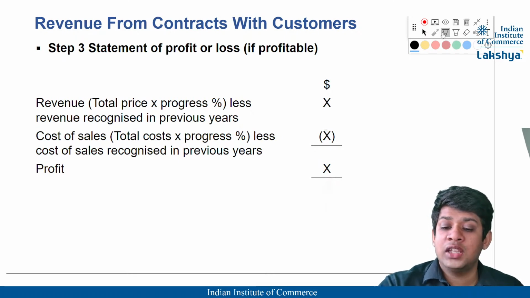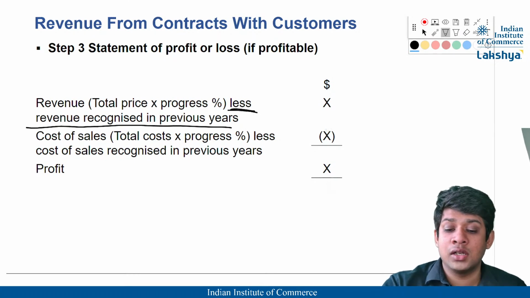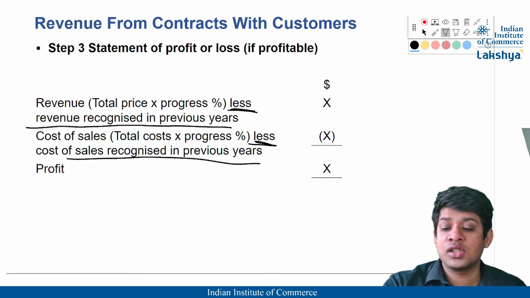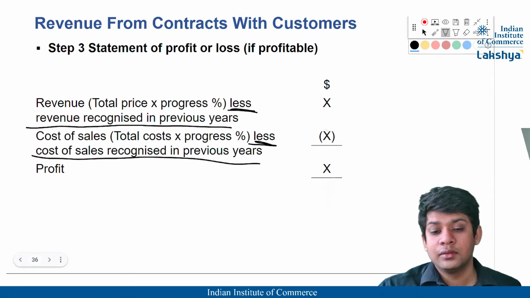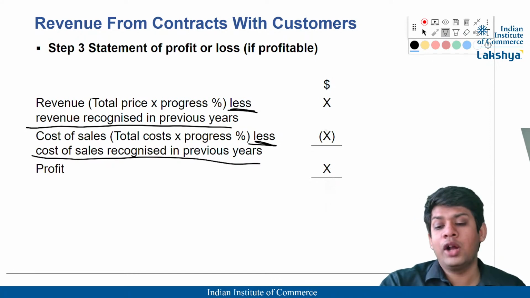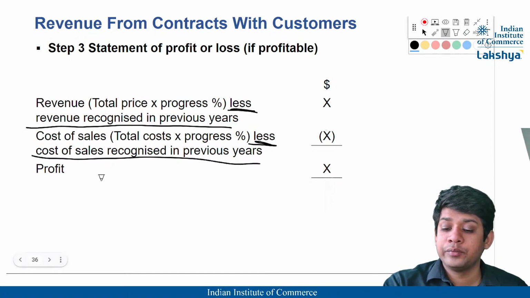Now guys, here they've mentioned something like less revenue recognized in the previous years. Here also, less cost of sales recognized in the previous years. So technically guys, what they are trying to say here is that maybe in the first year, the total contract price is 2 million.